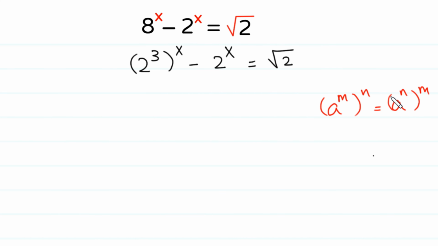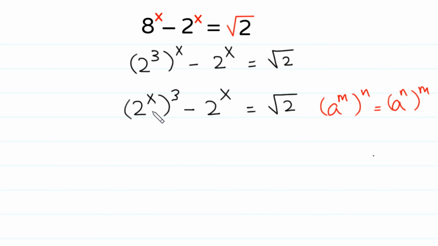According to this rule, we can write this power x inside the brackets and this power 3 outside the brackets. Like this, 2 to the power x to the whole power 3 minus 2 to the power x is equal to square root of 2.